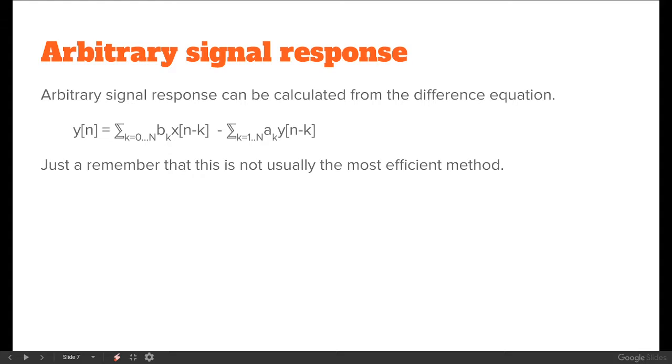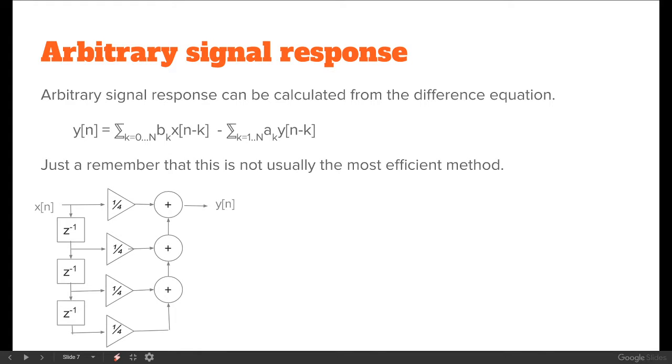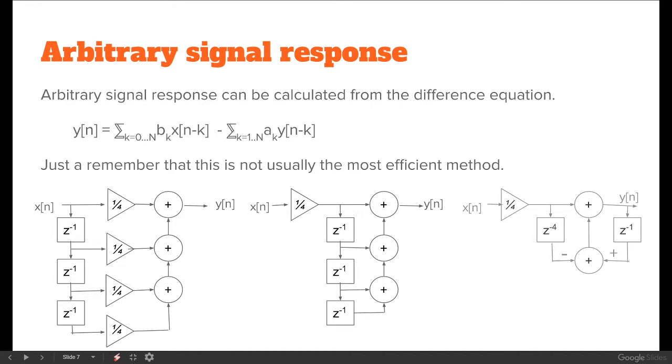MATLAB actually has pretty efficient filtering tools. The difference equation is one way of calculating it, but not the most efficient way. That's why the difference equation as it is does not tell you how to calculate it. Just a reminder from yesterday.